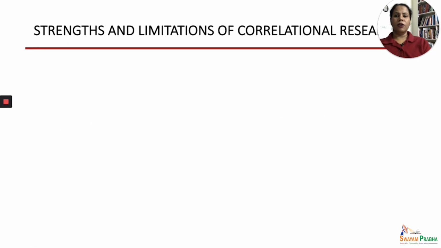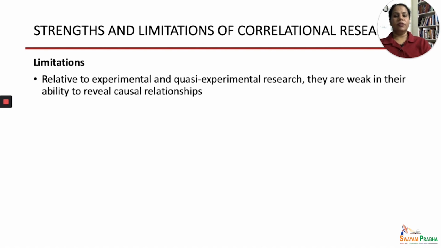Okay, now let us talk about the strengths and limitations of the correlational research design. First of all, we will discuss the limitations. Relative to experimental and quasi-experimental research, they are weak in their ability to reveal causal relationships.